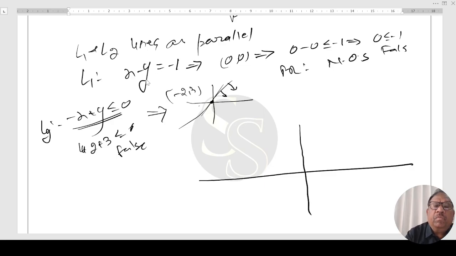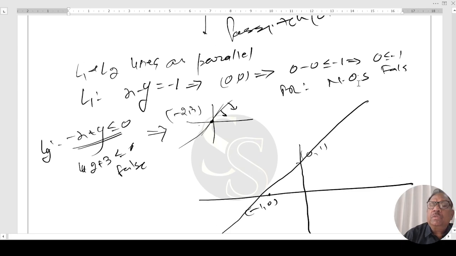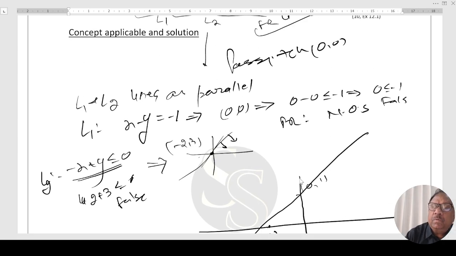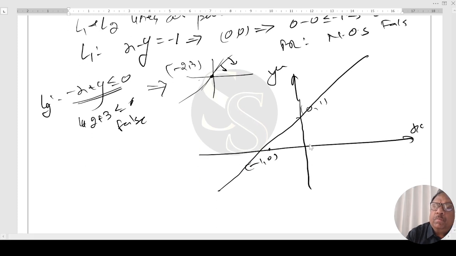X-intercept, Y-intercept: (-1, 0), (0, 1). This is the non-origin side. The feasible region is the non-origin side. This is the y-axis, this is the x-axis, this is the origin. The feasible region is this.